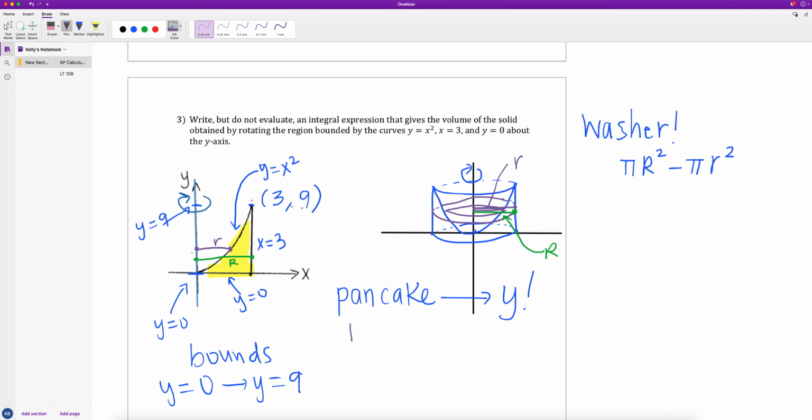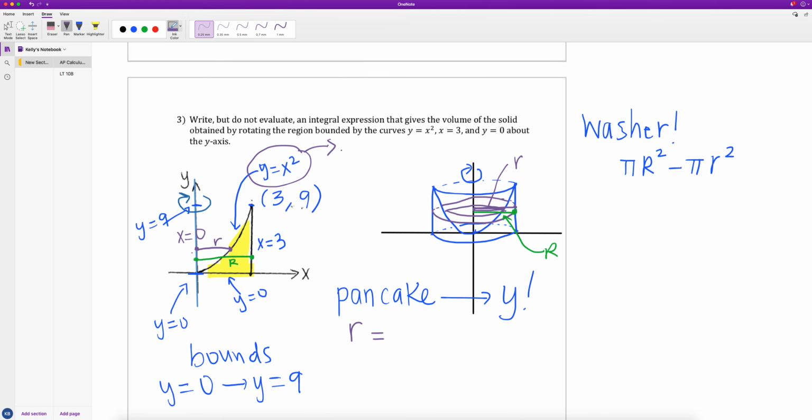So let's start with our baby radius, so lowercase r. This guy, because my bounds are in terms of y, I have to think about in terms of y. So I'm going from my right curve, which is y equals x squared, to my left curve, which is x equals 0. Because my bounds are in terms of y, I have to plug in y's, not x's. So just like we did before, I have to take this equation and isolate x.